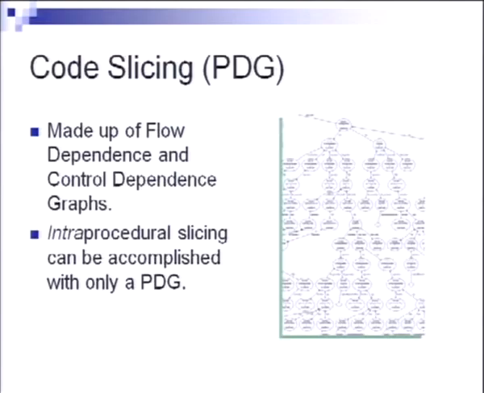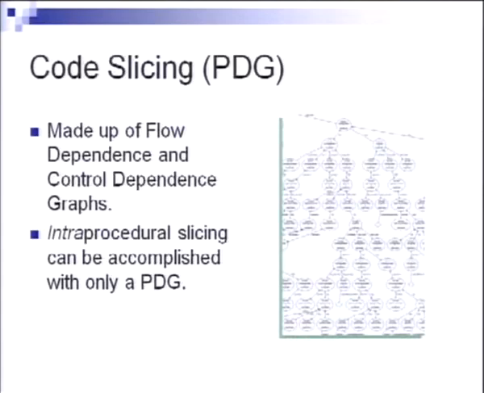So a program dependence graph is made up of two subgraphs. It allows intra-procedural slicing. If you do a PDG on some function you write, you can figure out exactly which of these instructions will affect other instructions in that procedure, but you cannot do it throughout the whole program with the PDG only.